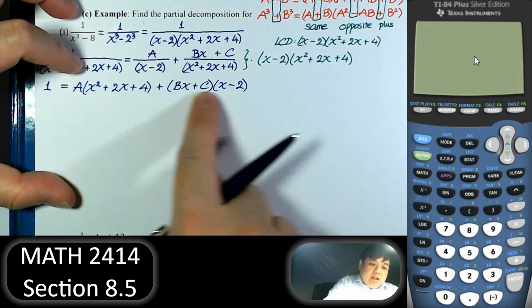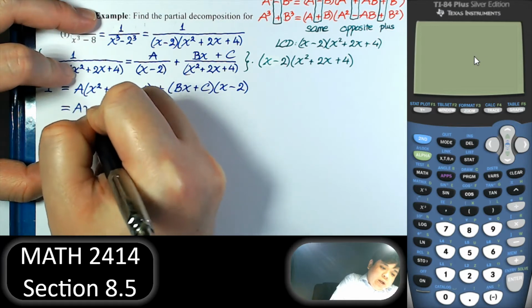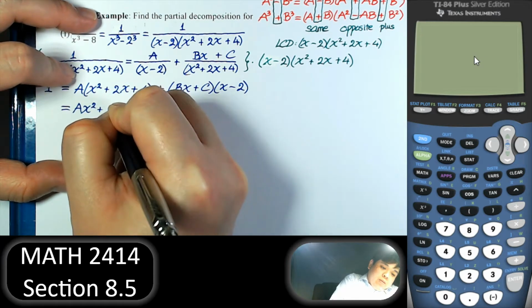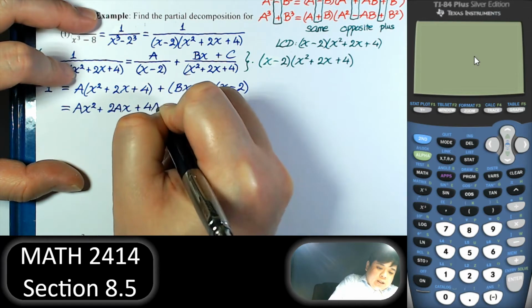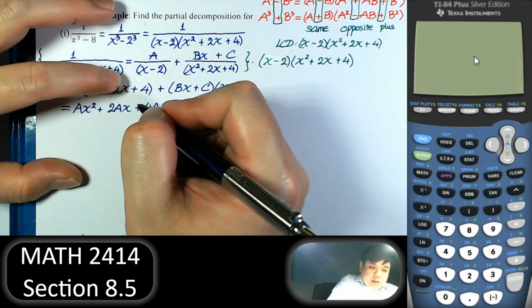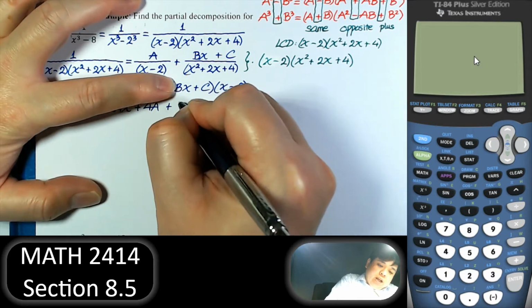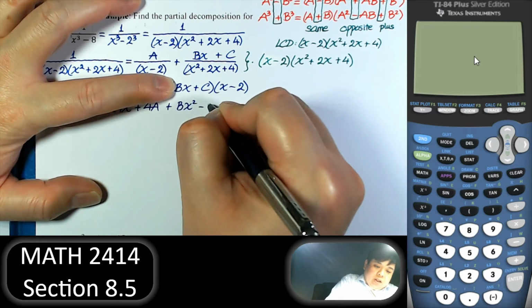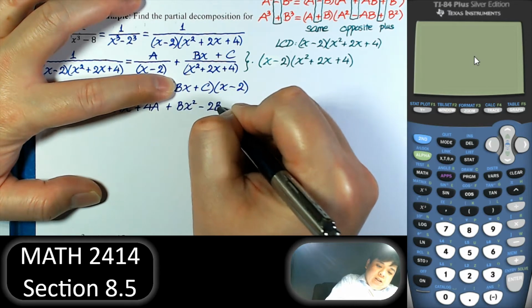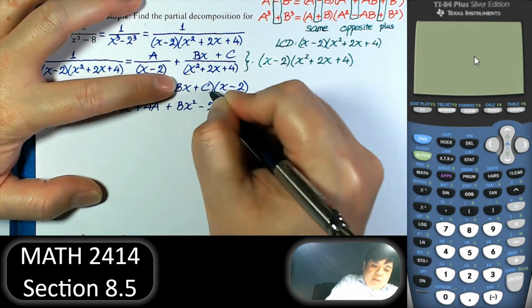Now we can multiply this out: ax squared plus 2ax plus 4a, plus bx squared minus 2bx plus cx minus 2c.